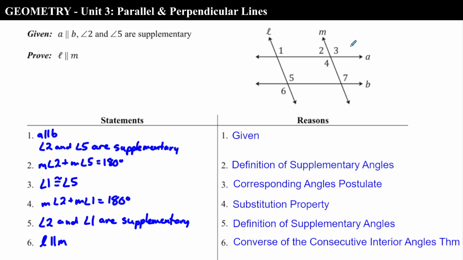So we're going to review a little bit about slope and the equations of lines, and we're going to use those equations and slope to determine some equations of parallel lines and perpendicular lines. That's coming up in the next section.